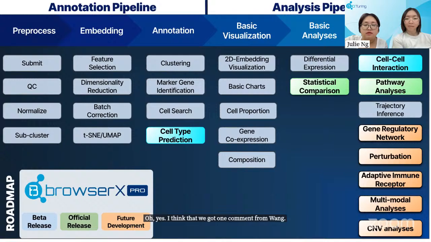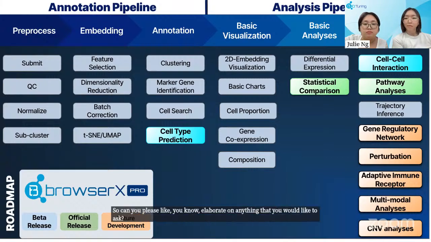The comment is that the MIF pathway plays a role in antigen presentation, not only in immune suppression. Wang, I'm sorry, I don't really understand the question quite well. Can you please elaborate on anything that you would like to ask related to the MIF pathway?